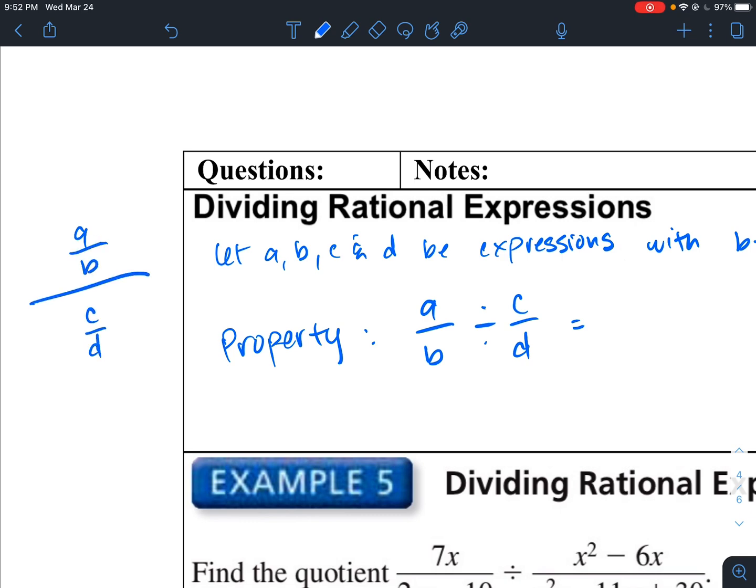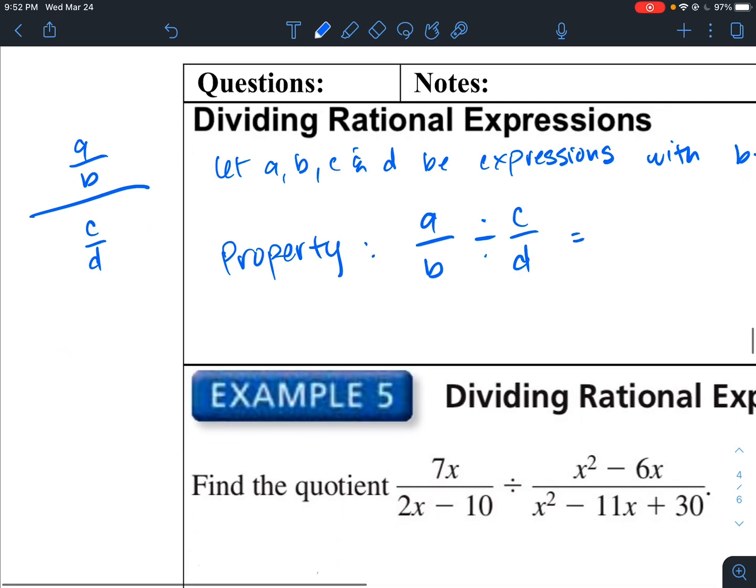This is a case where, I've said it before, I've always looked at this as the keep, change, flip rule. So you keep the first, change the sign, flip the second.